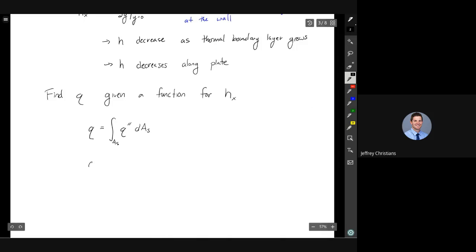We can write this, because this is convection, we can still use this old model. We just need something more sophisticated for figuring out what H is everywhere. So we still use this old model, we just have to have sophisticated ways of talking about what H is.